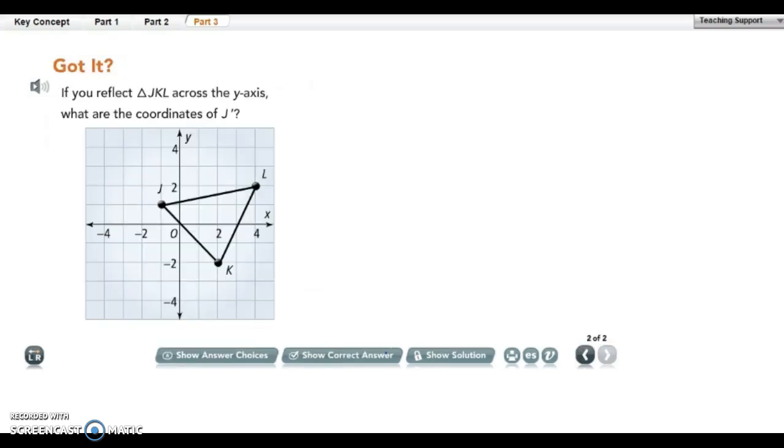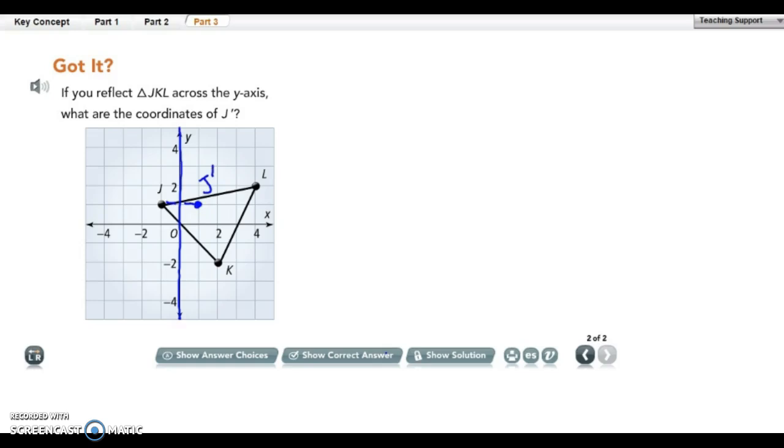Okay, your last one says if you reflect triangle JKL across the y-axis, what are the coordinates of J prime? First thing we're going to do is draw our line of reflection right down the y-axis. Let's try that again. And then we're going to see if J is 1 unit away to the left, then we're going to go 1 unit over to the right.